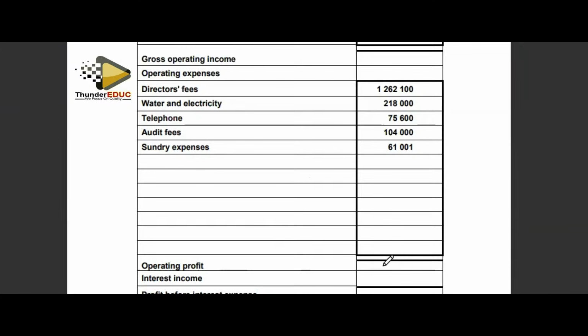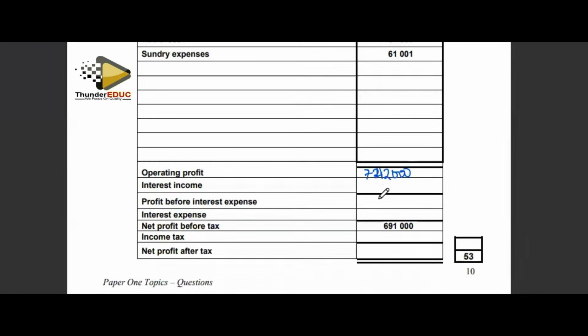Our operating profit last time we got was 74,742,000, right? Now, the last part which was remaining, we had to do the other part, this one, okay?